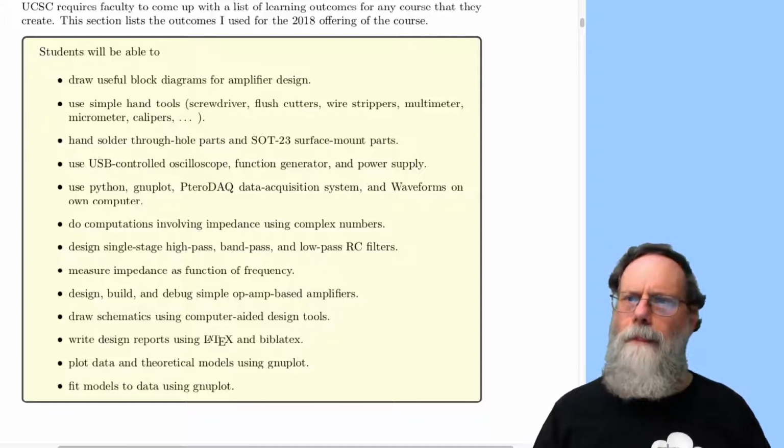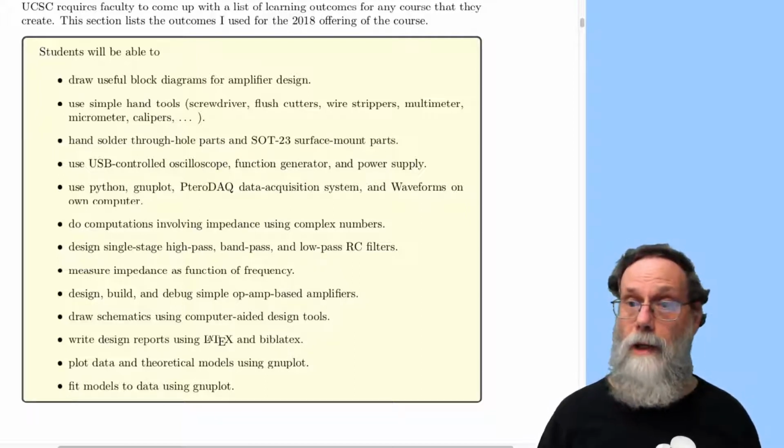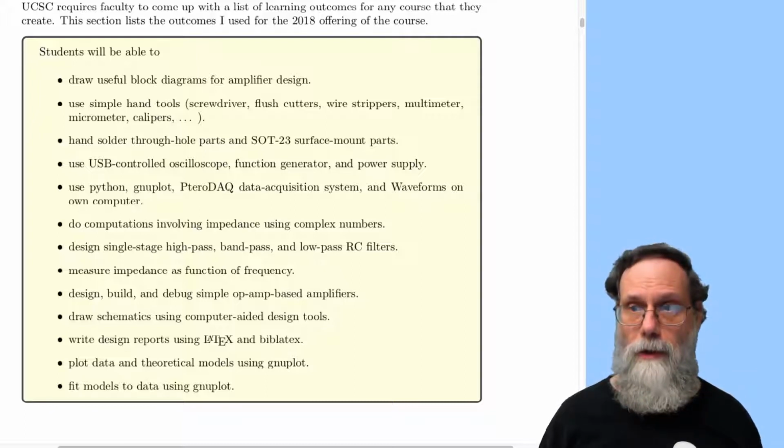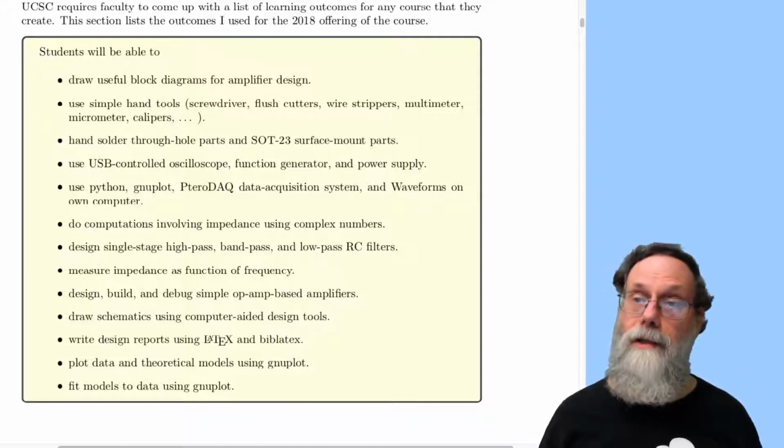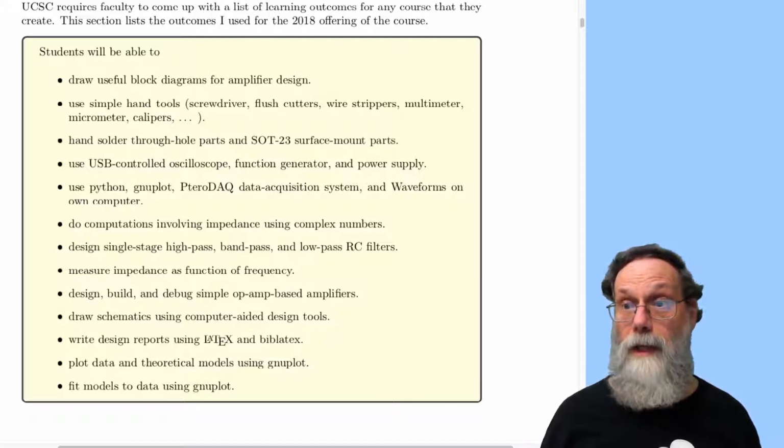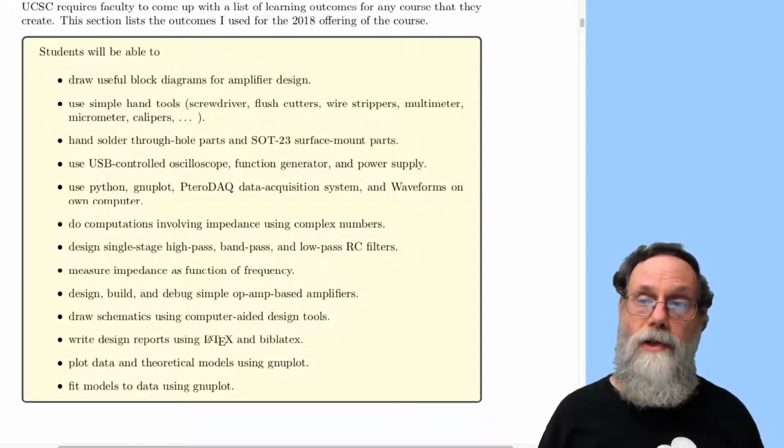Okay, other things about the course. Generally, when we do the lab work and the design reports, we'll be working in pairs. There are two reasons for that. One is, as I mentioned earlier, everybody makes mistakes. It's a lot easier to see somebody else's mistakes than to see your own.